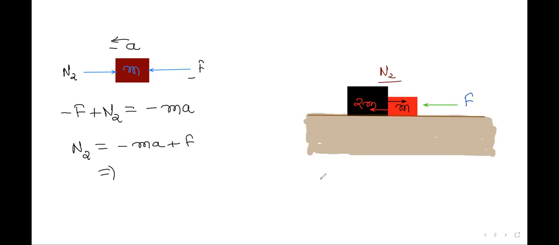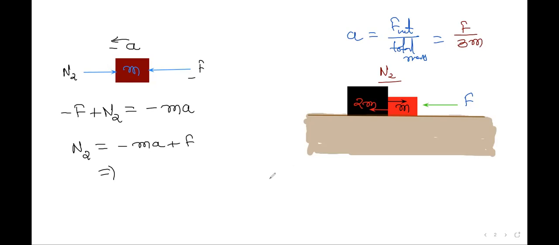I think the acceleration will be the same, that is F upon 3m, right? Acceleration is equal to F net upon total mass, so it will be F by 3m.